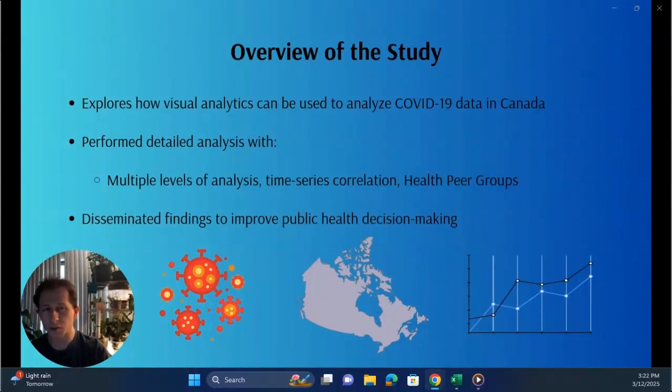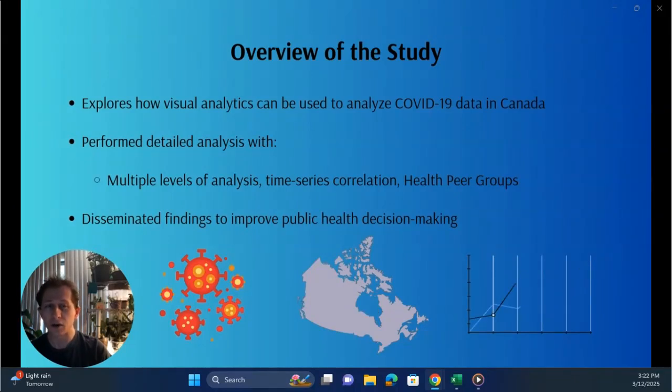The study also focuses on peer group analysis, which categorizes health regions based on shared socioeconomic characteristics. The researchers grouped these regions using statistical clustering methods, enabling them to compare infection trends among regions with similar demographic and economic profiles.